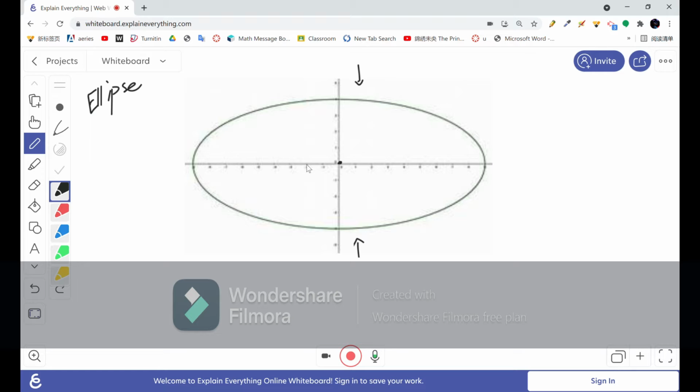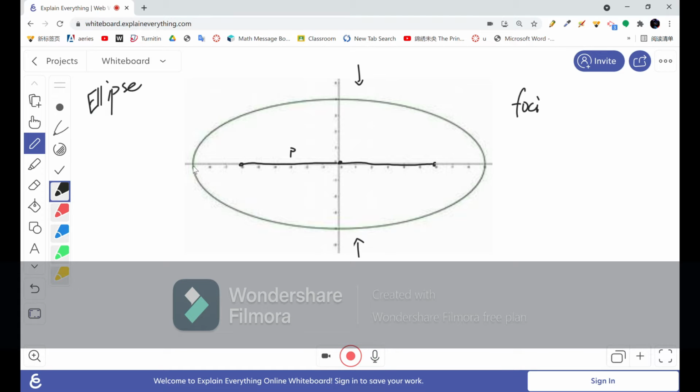There are actually two focus points, foci being the plural form of focus. The foci are going to be somewhere over here, between the end of the major axis and the center. And the length between each focus and the center is always going to be equal. Let's just call this p.